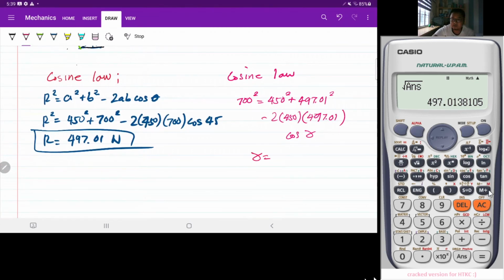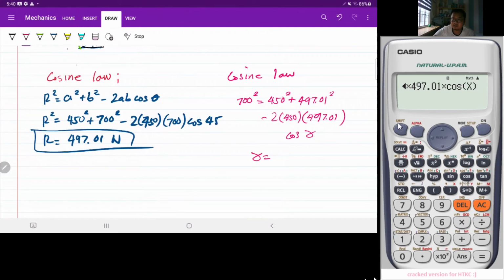So gamma is equal to 700 squared, 450 squared plus 497.01 squared minus 2 times 450 times 497.01 times cosine of alpha.